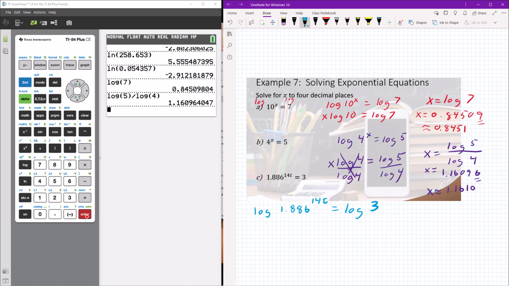Okay, using the power property, we will have 14t times the common log of 1.886 is equal to the common log of 3. We can divide both sides by 14 times the common log of 1.886.